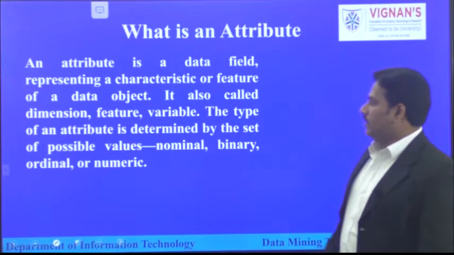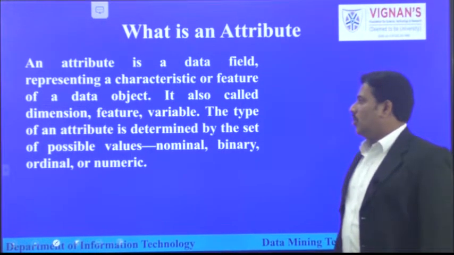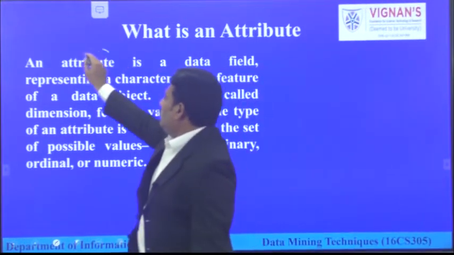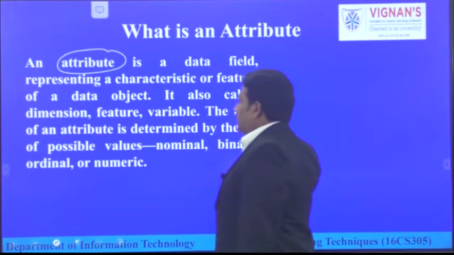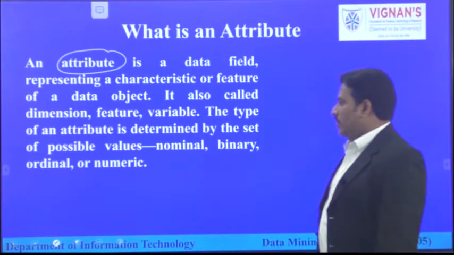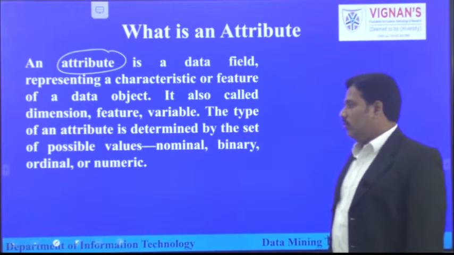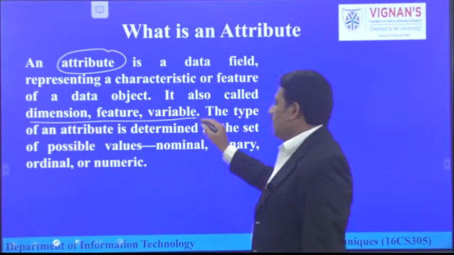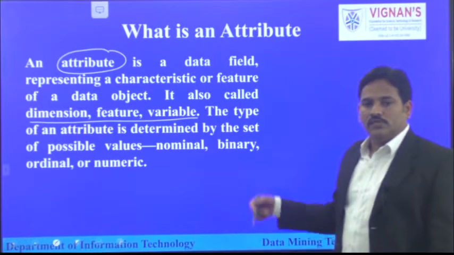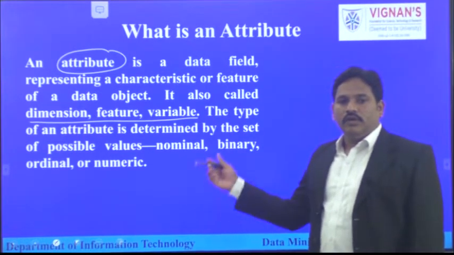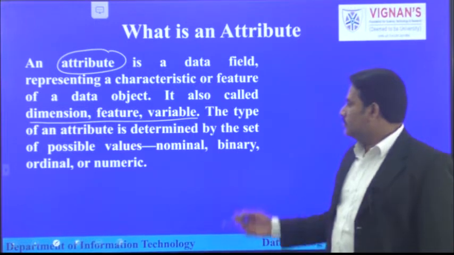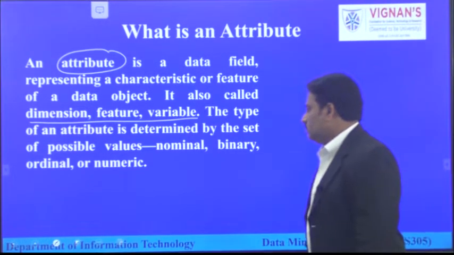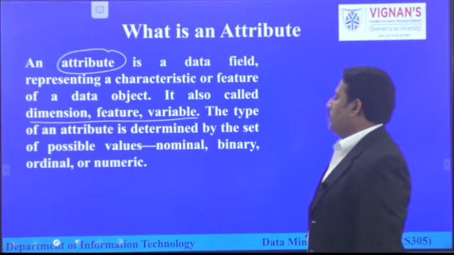It is also called a dimension, a feature or a variable. All these terms can be treated as attribute. Based on the scenario and the usage, we will use these terms in place of attribute.